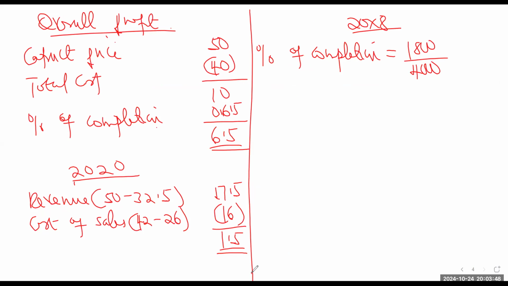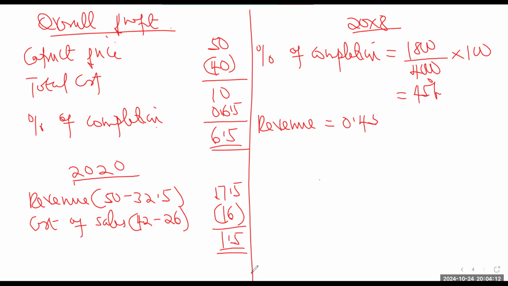So if we are expecting to incur a cost of 4,000 and we have incurred a cost of 1,800, what portion of the work has been done? 45%, isn't it? Yes, sir. So revenue that will be recognized will be 45% of the contract value. What is the contract value?